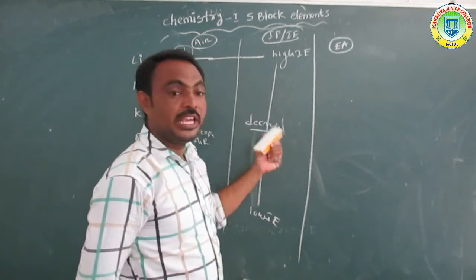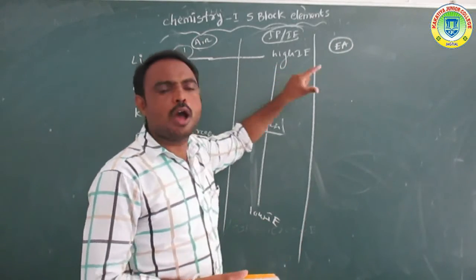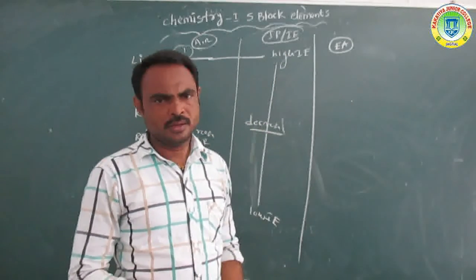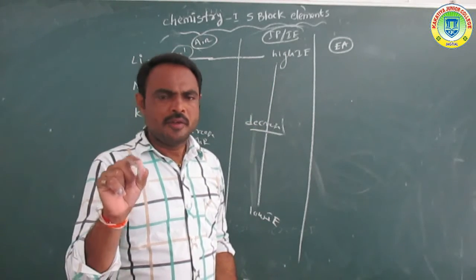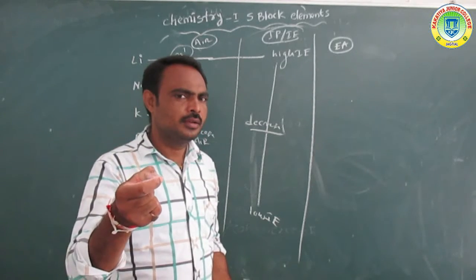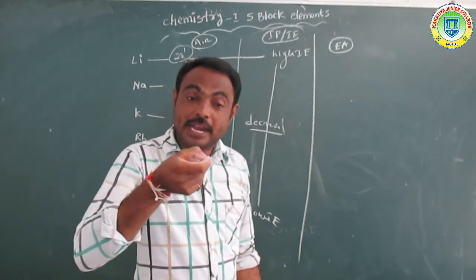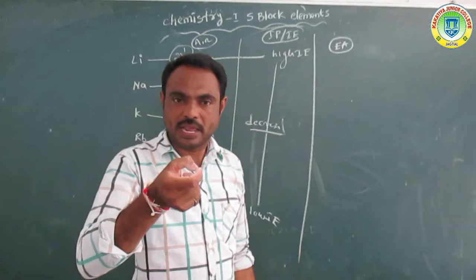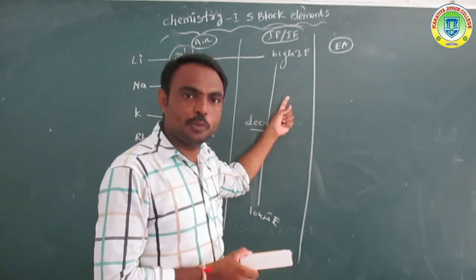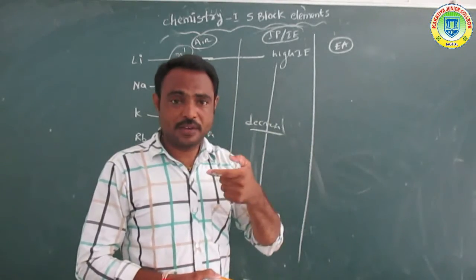It is completely opposite to ionization enthalpy. When we remove an electron, we require some energy. But for the addition of an electron, to gain an electron, we also require some energy.